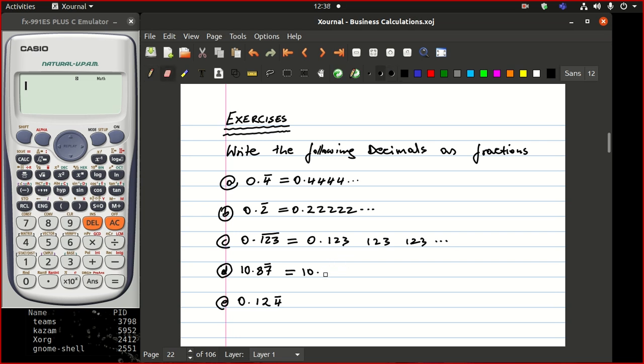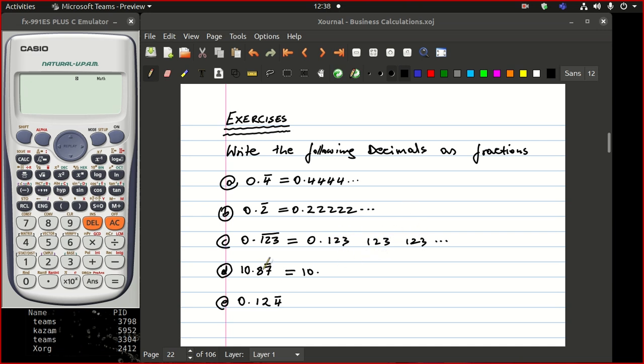Take note here that we had a 4 with a bar on it, which means we are repeating the 4. Here we have a 2, which means we are repeating a 2. And here we had a bar on 1, 2, 3, which means we keep repeating everything that is inside this bar, which is 1, 2, 3, 1, 2, 3, 1, 2, 3, and so forth.